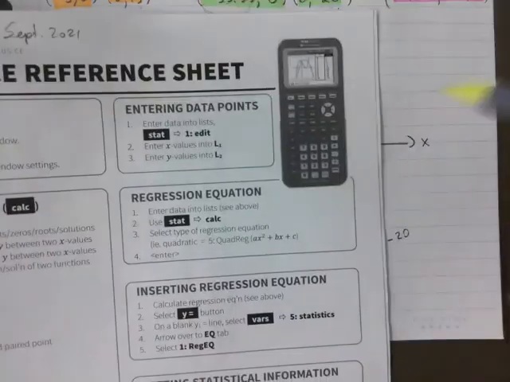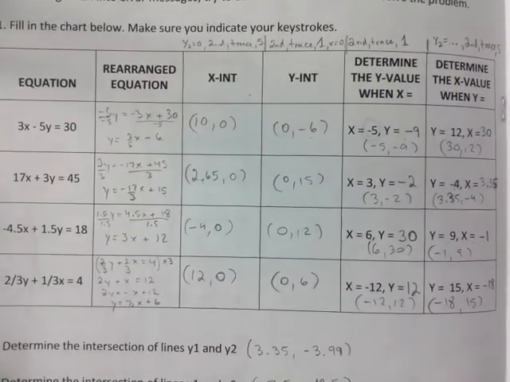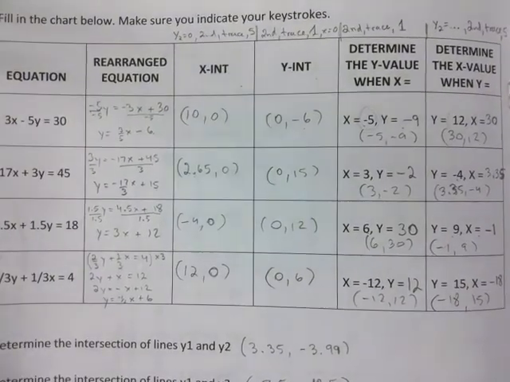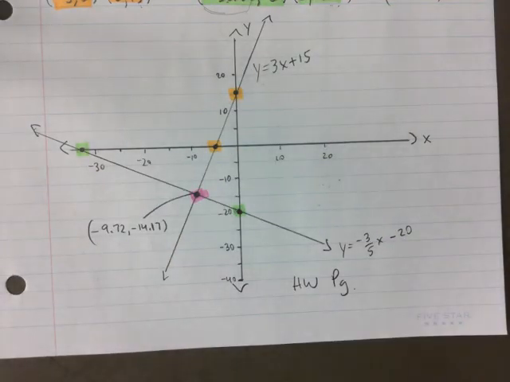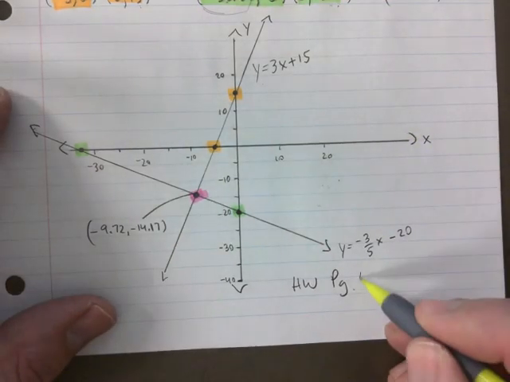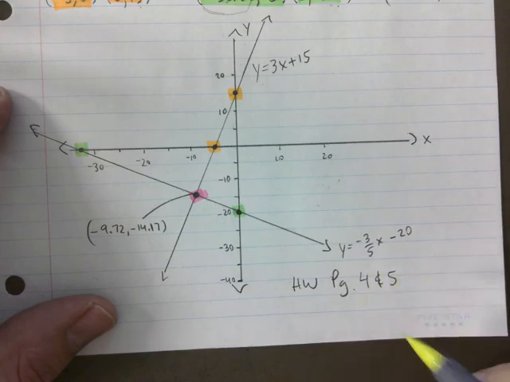So it's the one with the calculator up front. I want you to do pages 4 and 5, which is like a chart like that. And there's a bunch of graphing there. Pages 4 and 5 in the booklet.